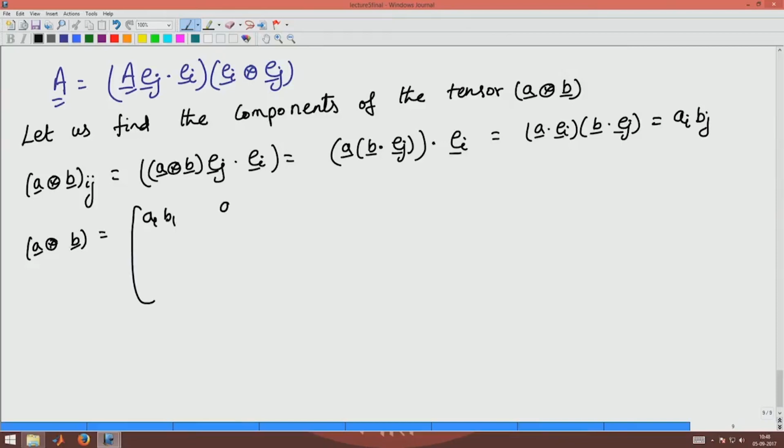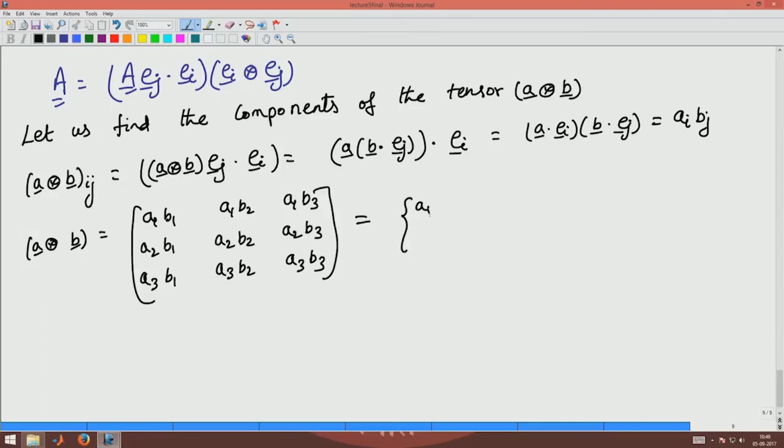A1 B1, A1 B2, A1 B3, A2 B1, A2 B2, A2 B3, A3 B1, A3 B2, A3 B3. This is nothing but A1, A2, A3 multiplied by B1, B2, B3.